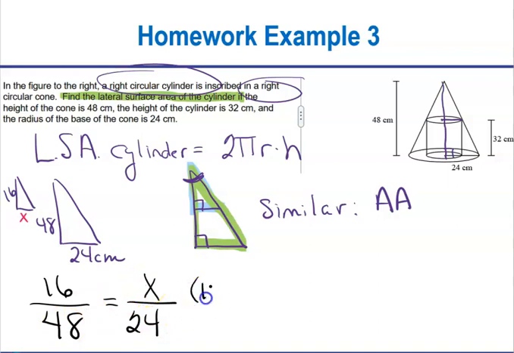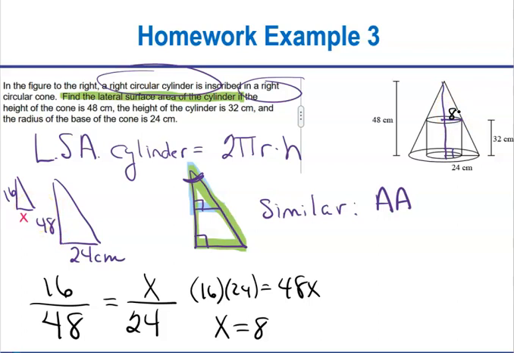So I can say 16 times 24 is equal to 48 times X. I'm just going to do this math real quick in my calculator. So I have 16 times 24, and then I'm going to divide that by 48 to get X by itself. So I get that X is 8. So this X right here is 8. What does that mean? That our radius over here is 8.